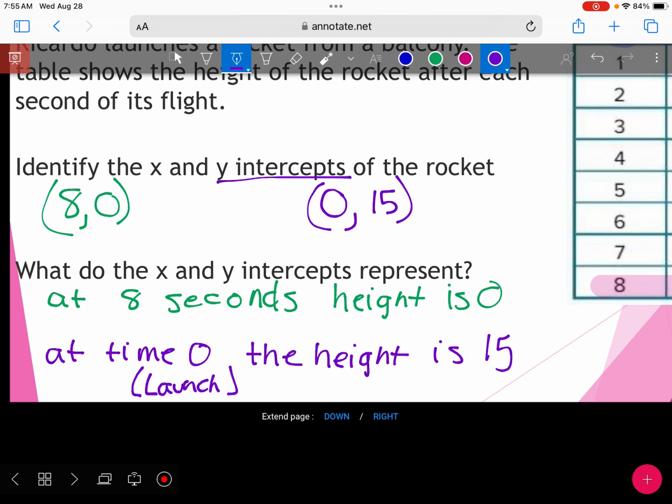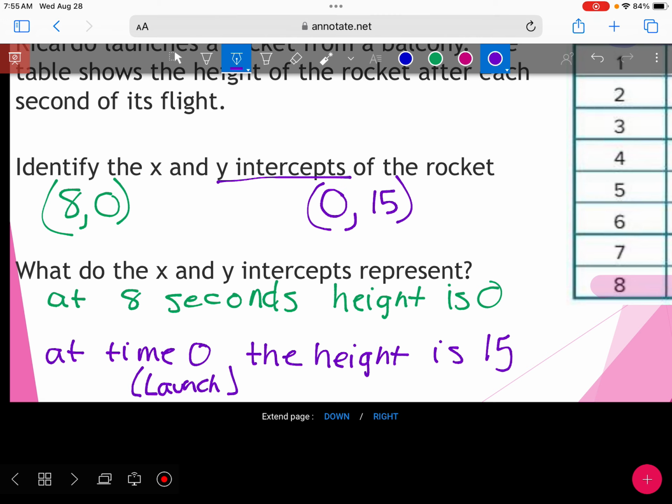And you can do it either as is or was. I do not care about tenses. So what this means is his balcony is 15 feet high, because it says it launched from the balcony. And it hit 0 height, so the ground, after 8 seconds. So when we say to put something in context, that's what we mean. When in doubt, grab the labels off your table. Use those. The labels are there to give you context.